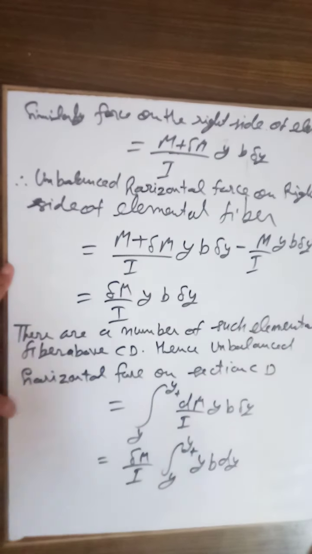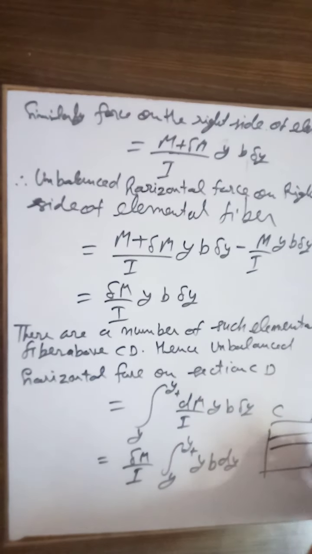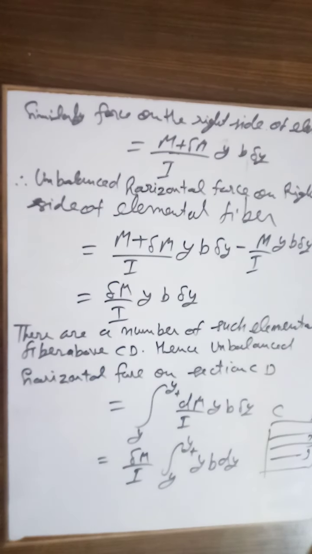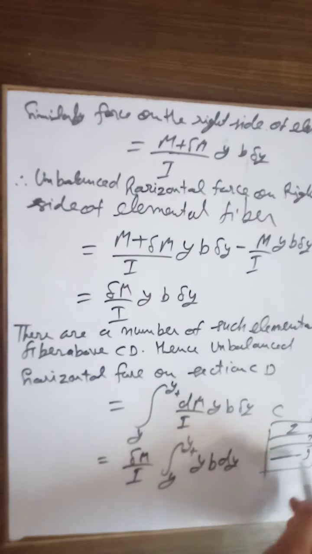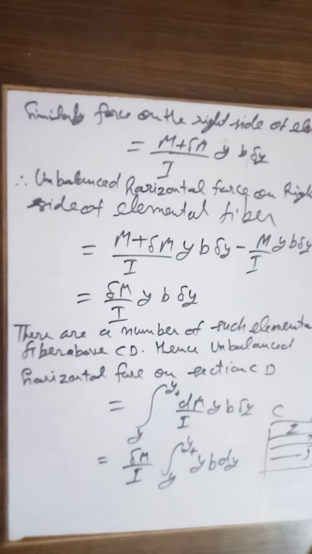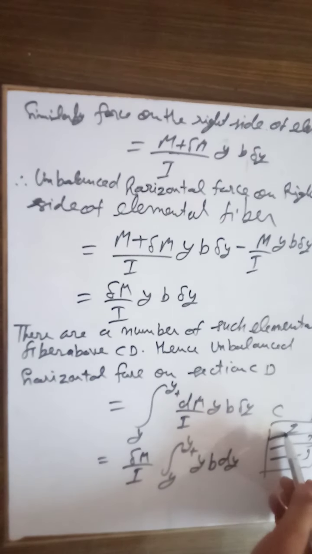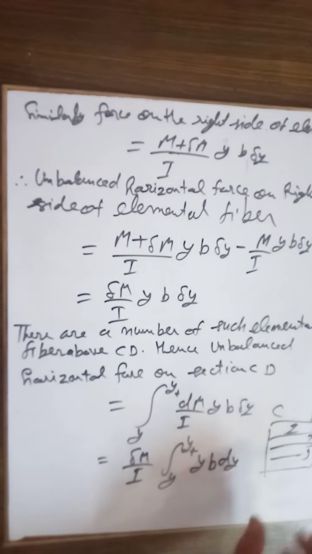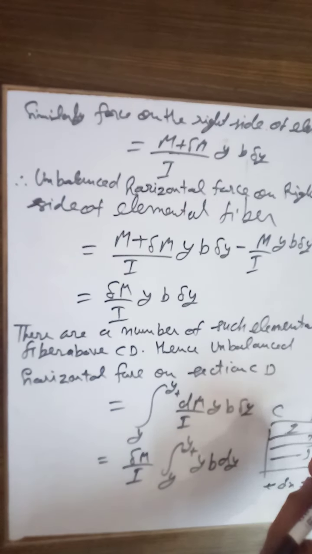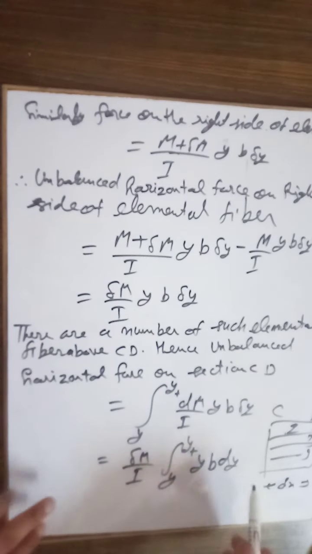So we have earlier discussed in the previous section that the intensity of the shearing stress on this element CD we have considered as Q. Then equating the resisting shearing force to the unbalanced horizontal force, the force due to this intensity will be Q B del x, where the width of that fiber is del x and B is the breadth.